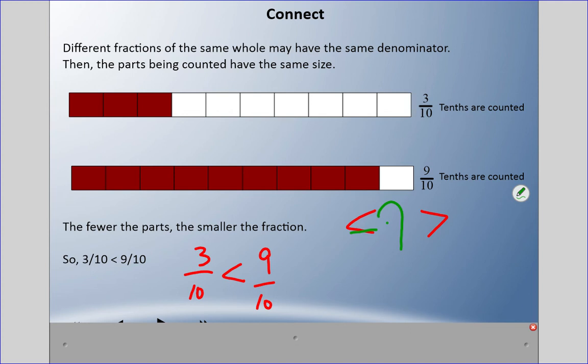You might have a teacher that's done the alligator, you make the teeth, and the alligator always likes something bigger to eat, so therefore we would say greater than. So in this situation here, this is less than because we read left to right. 3/10 is less than, the beak's pointing that way, 9/10.